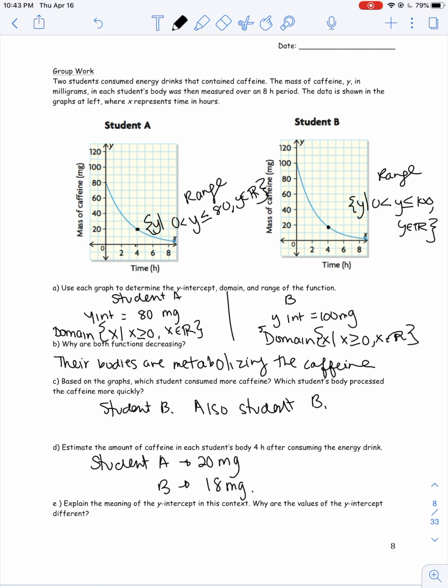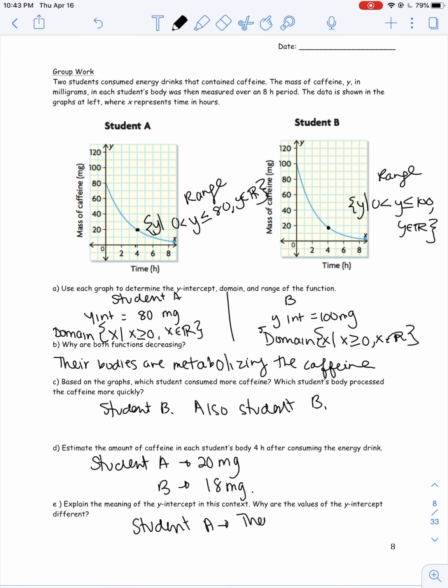And then our y-intercept. The y-intercept is where the graph starts. So we know that student A starts at 80 milligrams, and what that means is that they had 80 milligrams of caffeine in their energy drink.